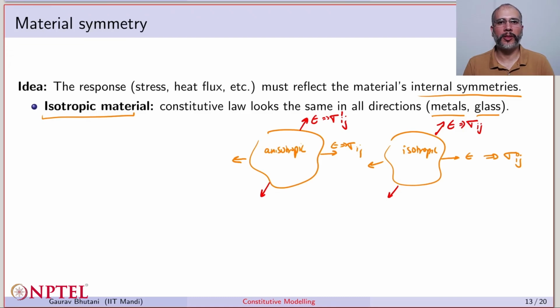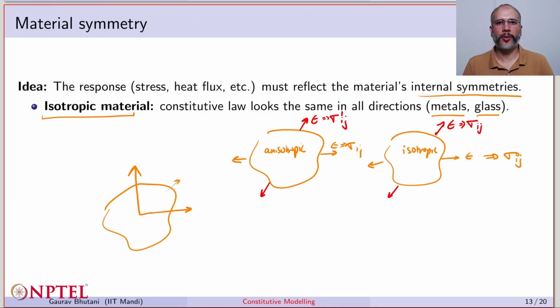symmetry. Now, in a more general sense, it could happen that the material may have a symmetric response in certain directions. So it may be the case that the material is symmetric in these directions. However, for applying a strain in any other direction, it may not show the same response.